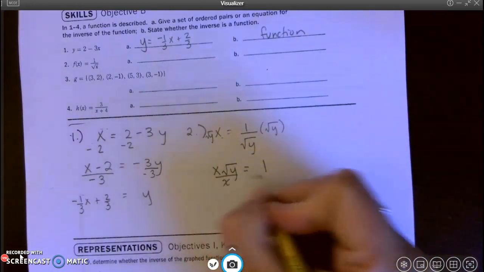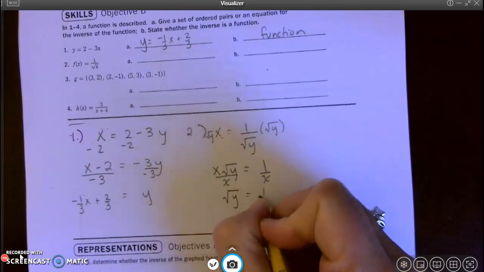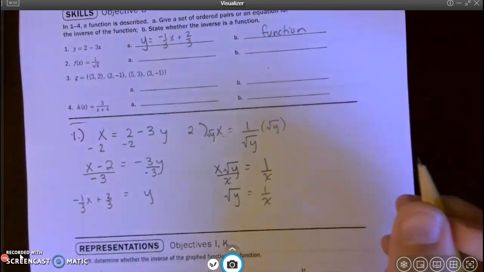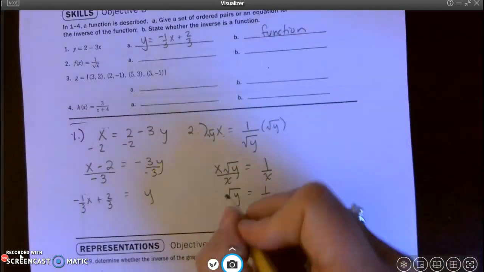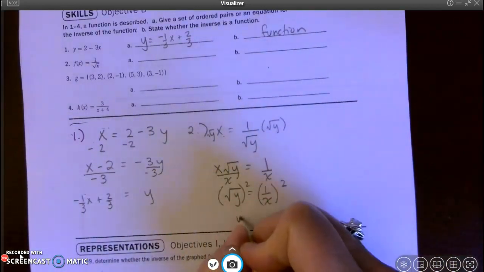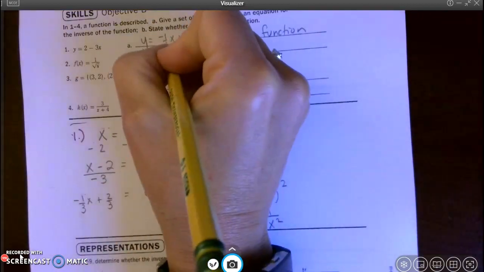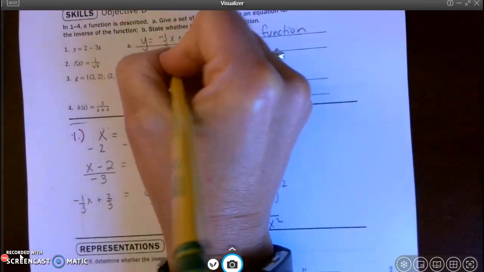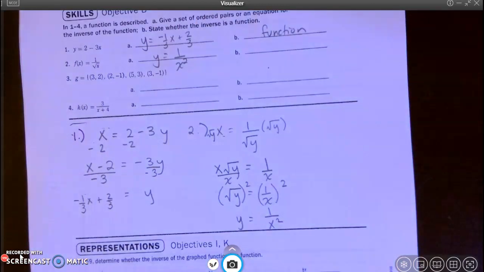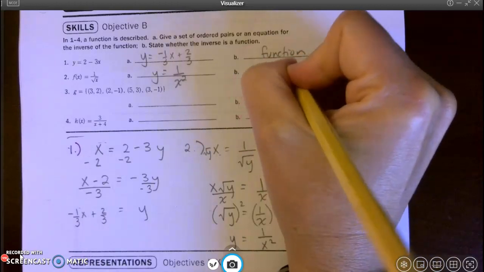So I'm going to divide both sides by x. I get that the square root of y equals 1 over x. Got to get rid of that square root, so I'm going to square both sides. And I get y equals 1 squared is 1, and x squared is x squared. So y equals 1 over x squared. And that's one of my parent functions, so yes, I know that the inverse is indeed a function.